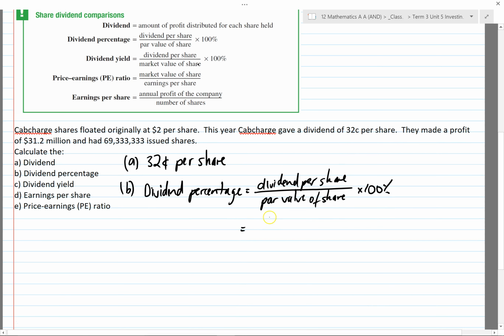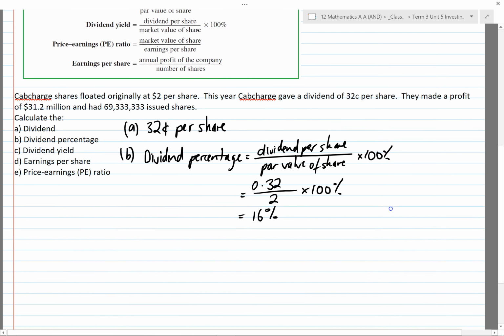My dividend per share was 32 cents, and my par value of the share was $2. Since my par value is in dollars, I need to make my dividend in dollars as well. Times by 100 to make it into a percentage. I end up with 16% as my dividend percentage. A pretty good interest rate.